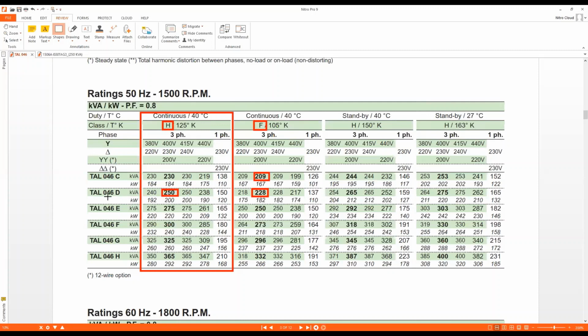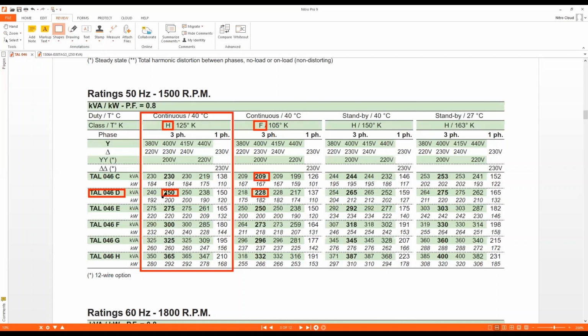Now, let's talk about a practical situation. If someone purchases this alternator and is considering 228 kVA, or class F temperature rise, can he go more than that? Yes, of course he can.